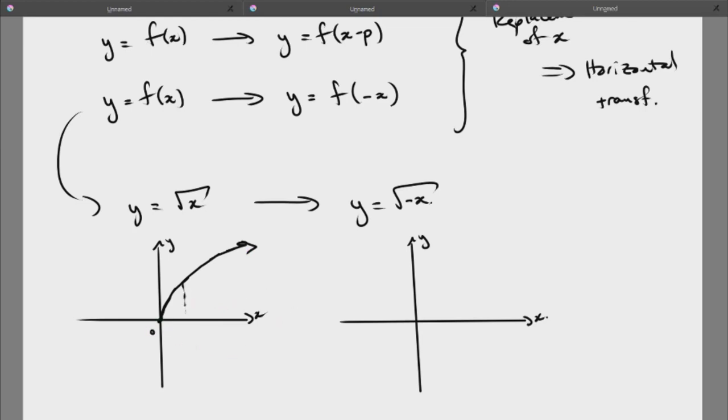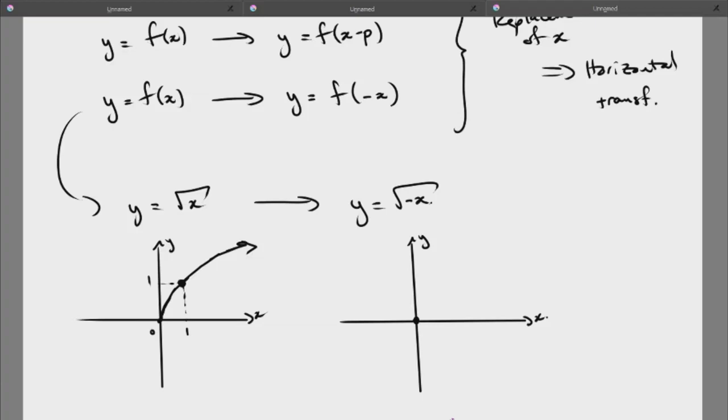If I keep tabs on a reference point here, maybe (1, 1) is a nice one, and see where that now goes. First of all, if x equals 0, I still have 0 inside the square root, so that bottom key point is still in the same position.